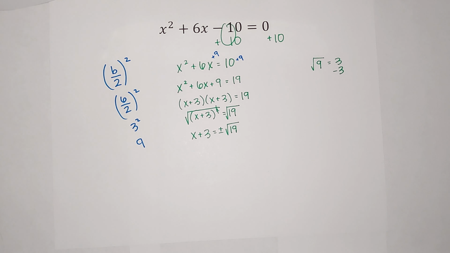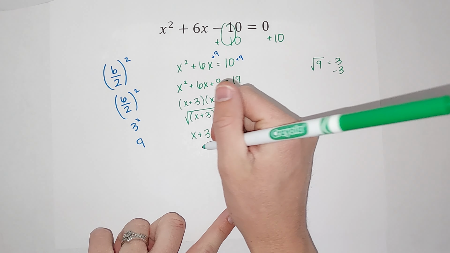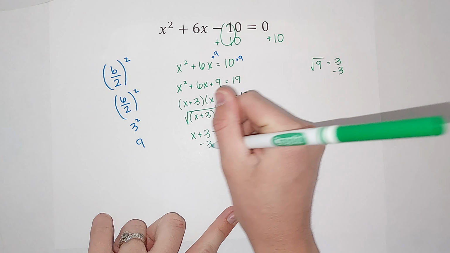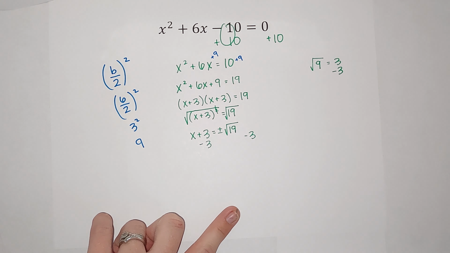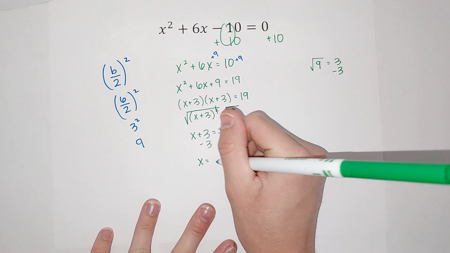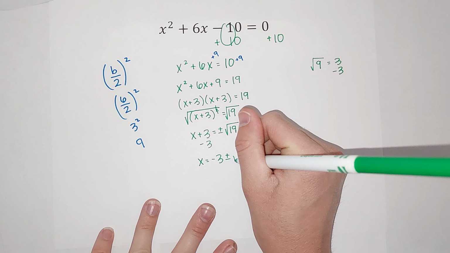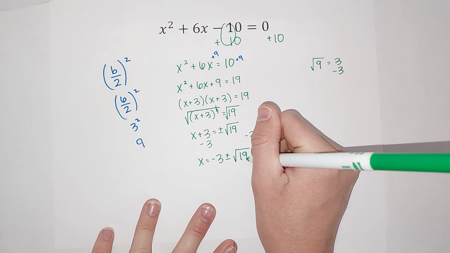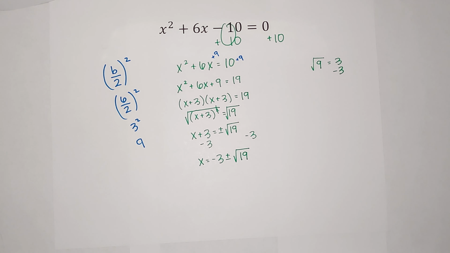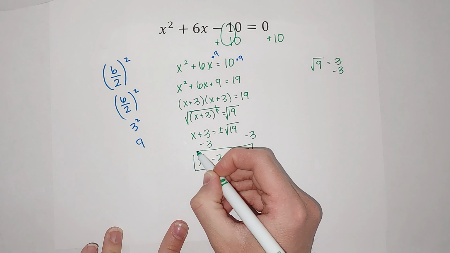All right, from here, we're almost done. If I want to get x alone, I need to get rid of that plus 3, right? So I'm going to subtract 3 from both sides, okay? So I end up with x equals, I'm going to write the -3 first, -3 plus or minus the square root of 19, okay?